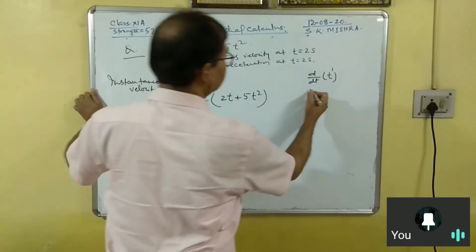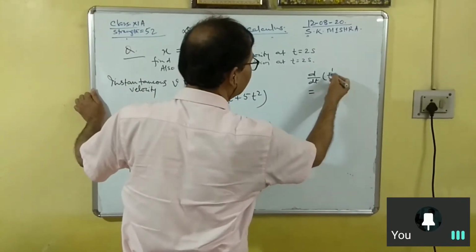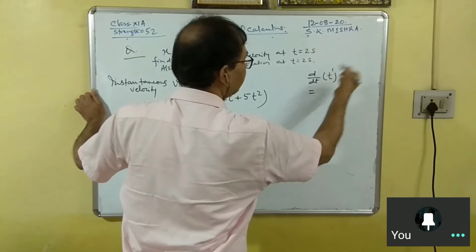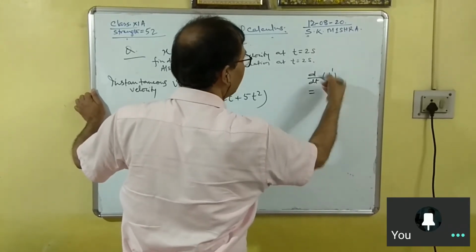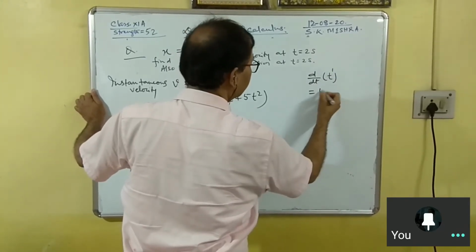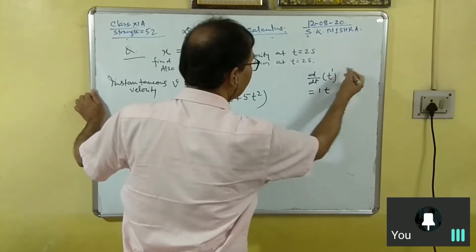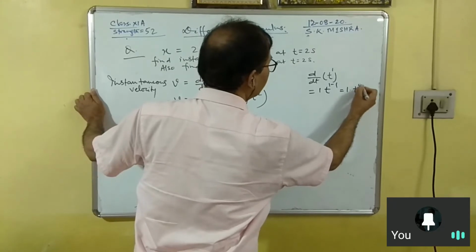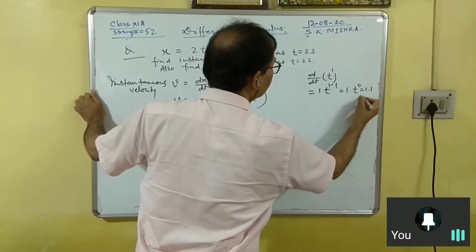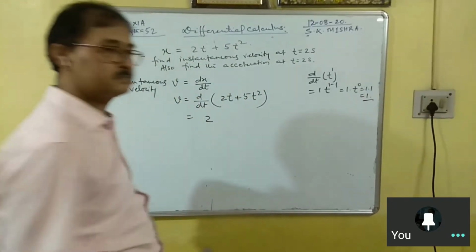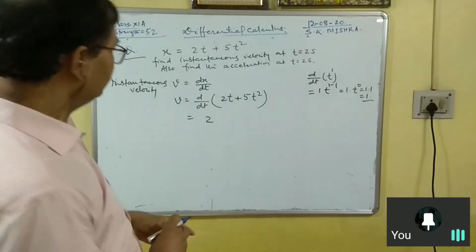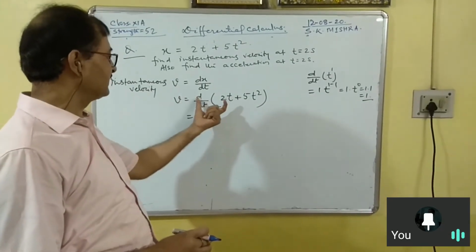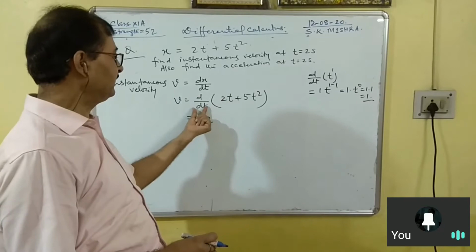Differentiation of t raised to n is n times t raised to n minus 1. So it's 1 times t raised to 0, and t raised to 0 is 1. So 1 into 1 finally gives you 1. In other words, you can just visualize dt by dt as 1.